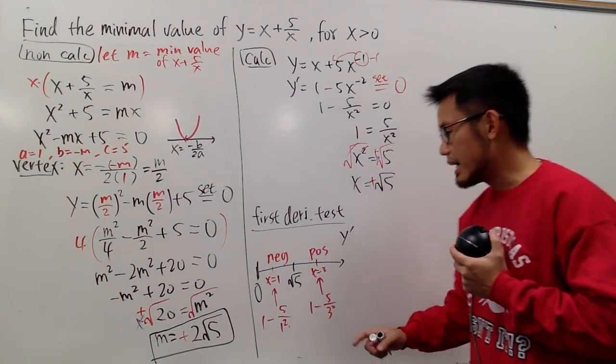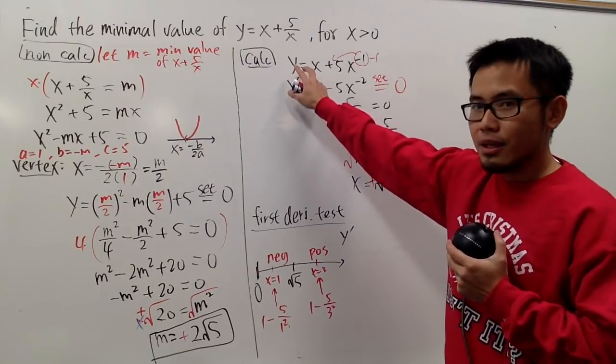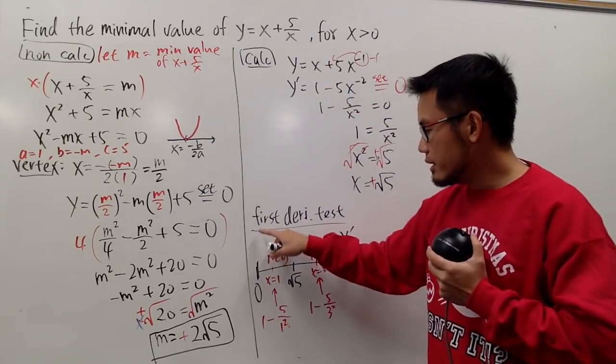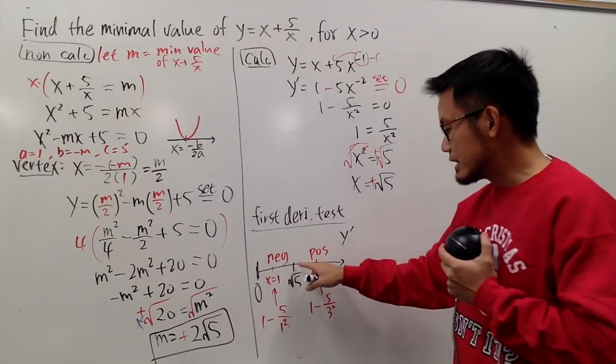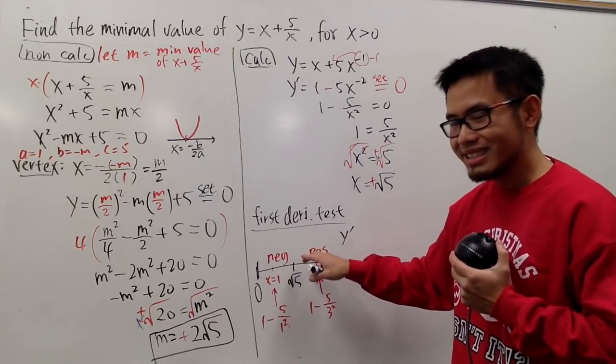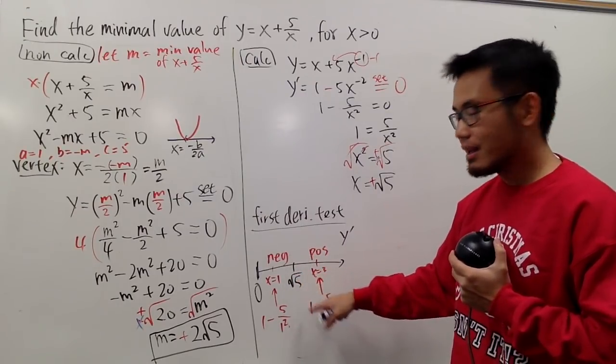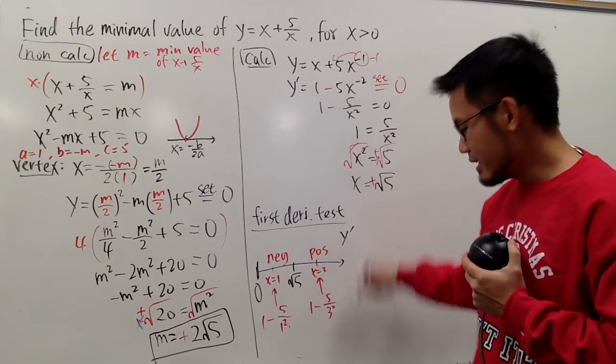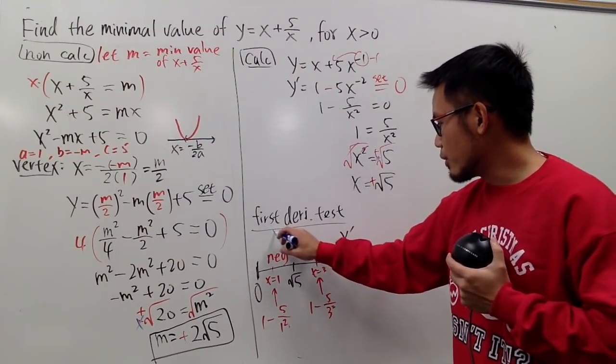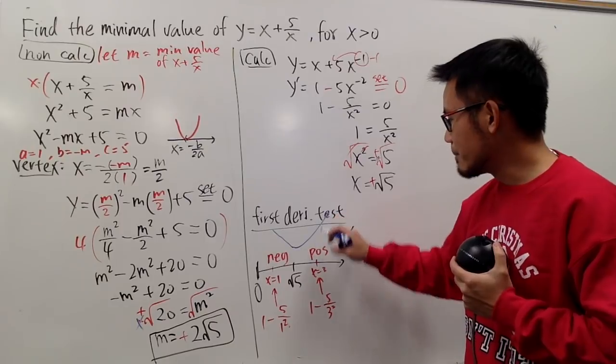So what that means is that the graph is going to be decreasing and then stops right here at that moment when x is equal to square root of 5 and then starts increasing, right? So the idea is that it goes down and stops and then it goes up.